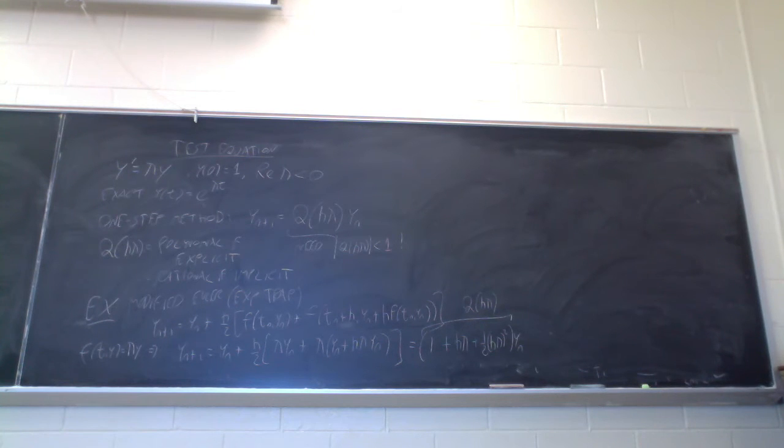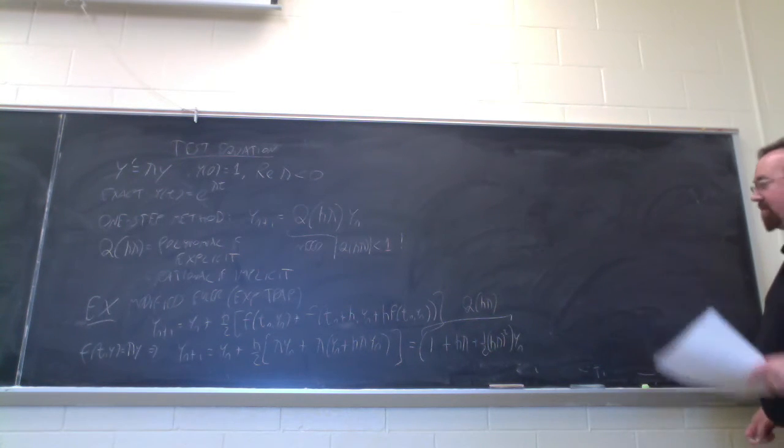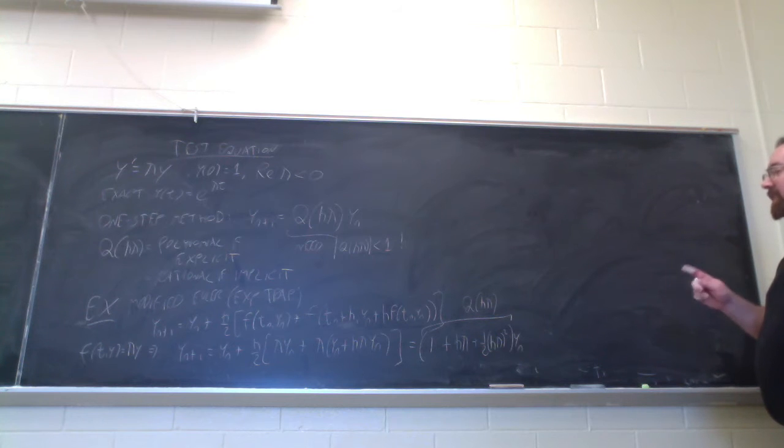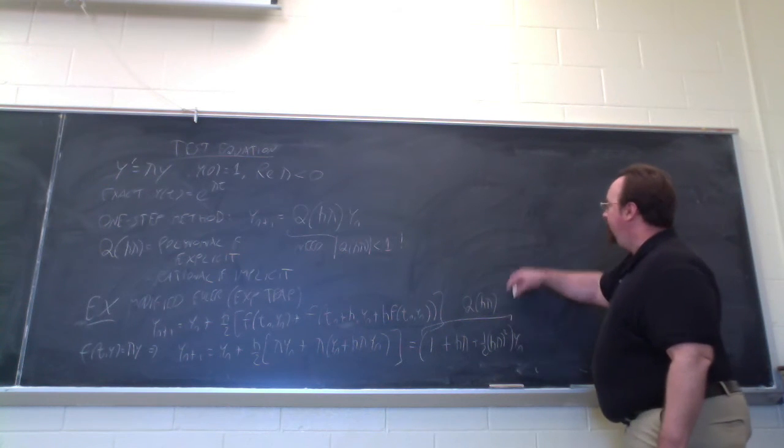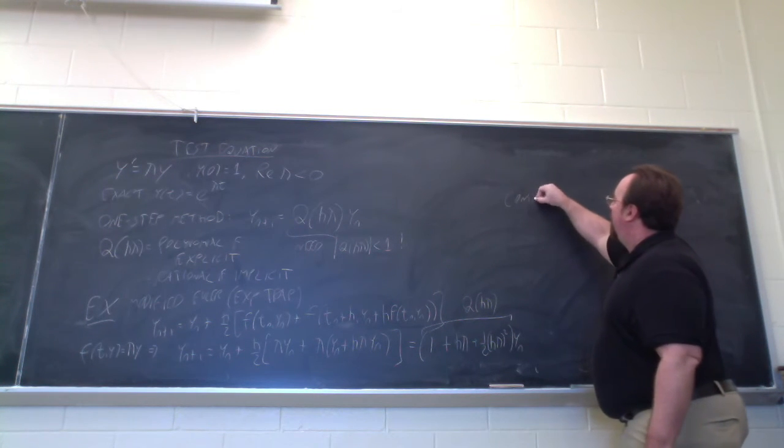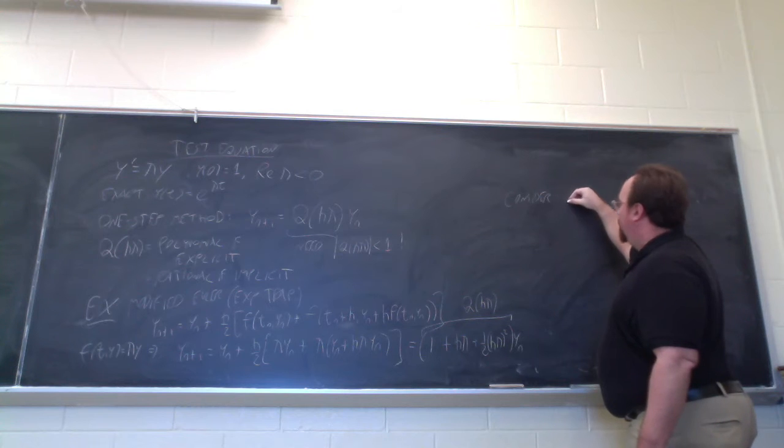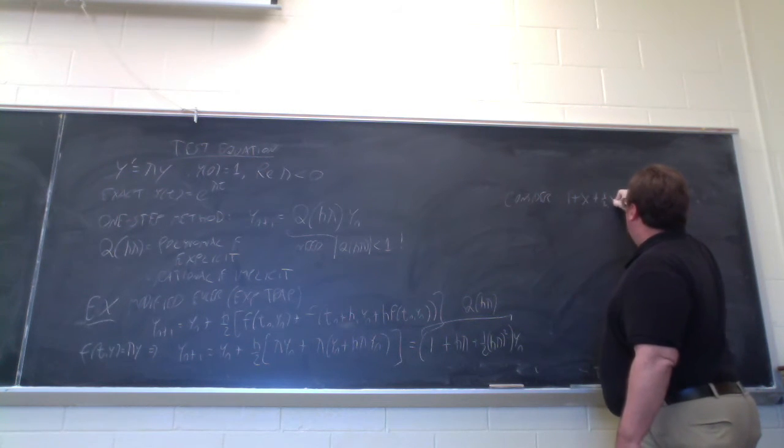All right. Now, let's see. We need this to be less than 1 in magnitude. Well, when is that the case? So I'm going to simplify this. Look at the function 1 plus x plus 1/2 x squared.